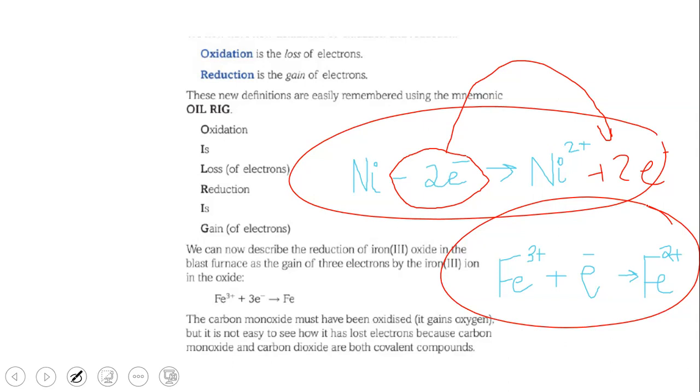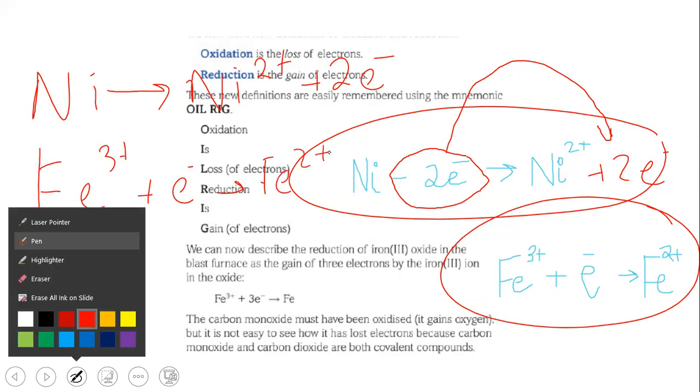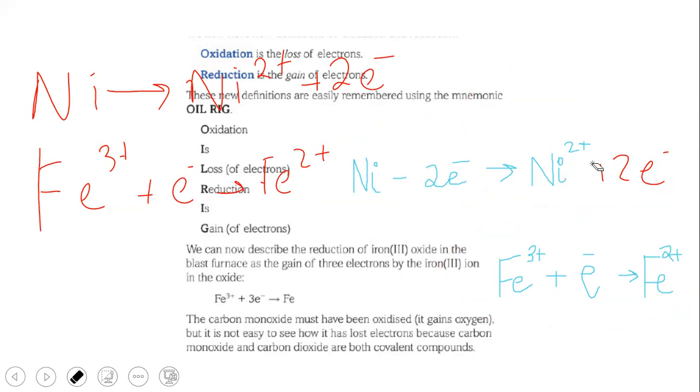Your equation number 1 is nickel gives you nickel 2 plus and 2 electrons. The second equation is iron 3 plus plus an electron gives you iron 2 plus. These are your two major equations. So let's see how we can balance them.